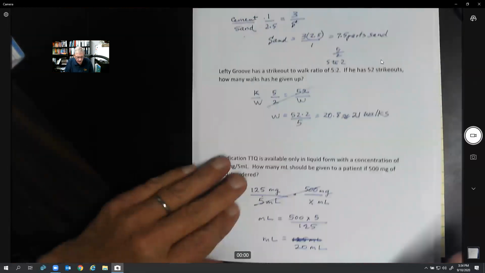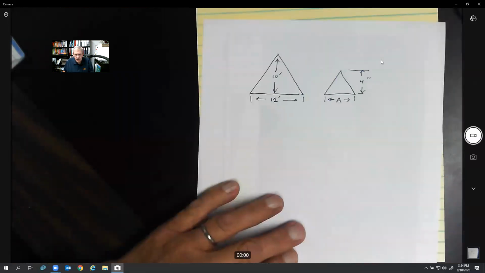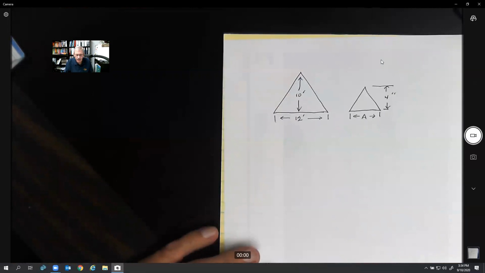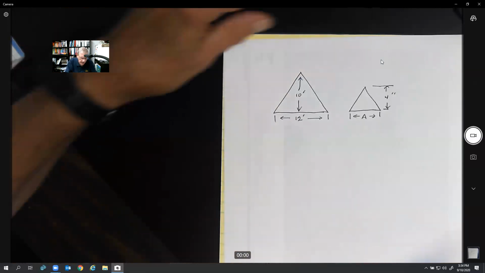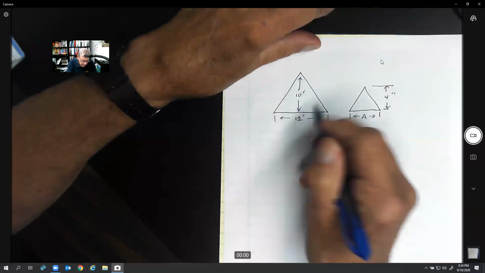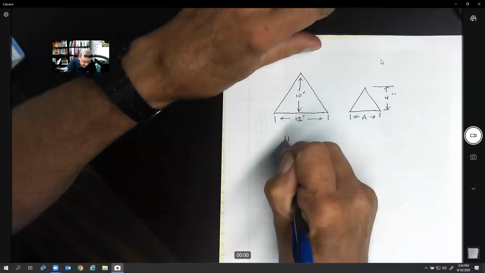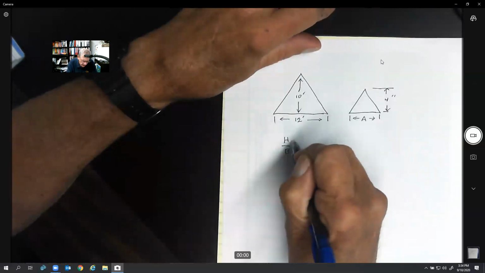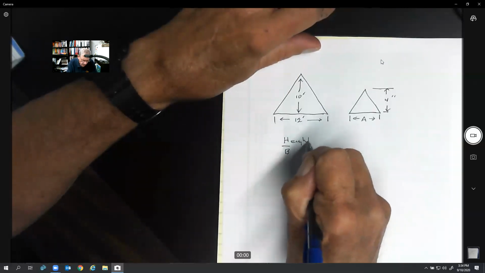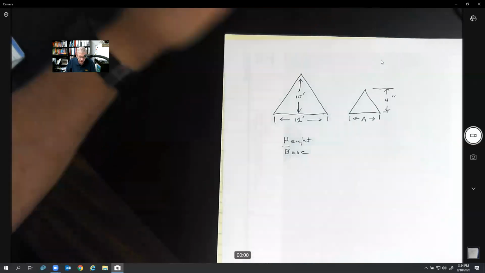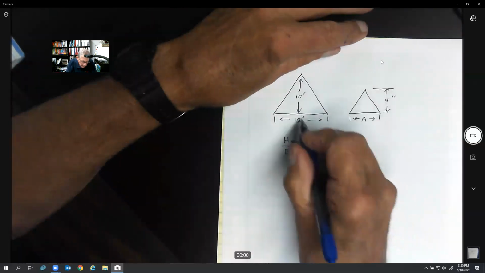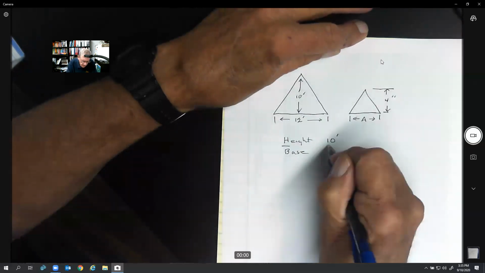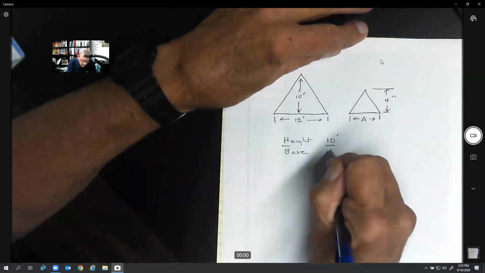Okay, so I've got one last one. We can also compare objects. And here we see a ratio. So we can compare the height to the base. Height, base. And you could write out the whole word, or you could abbreviate it. So the height is 10, and this mark means feet, and the base is 12 feet.